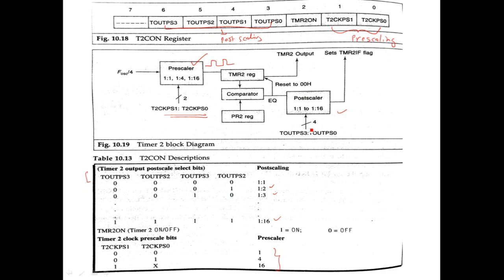So that's how the frequency is divided by these bits. Finally that output goes to the timer 2 flag. When this matures, the flag will set, and an interrupt will be generated if the interrupt is enabled. So that's how your timer basically works: pre-scaling and post-scaling.